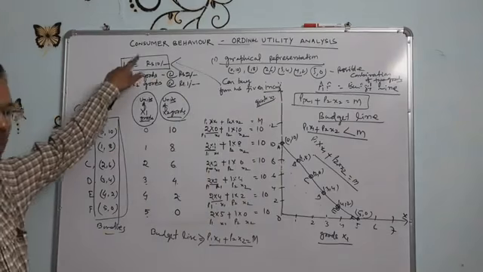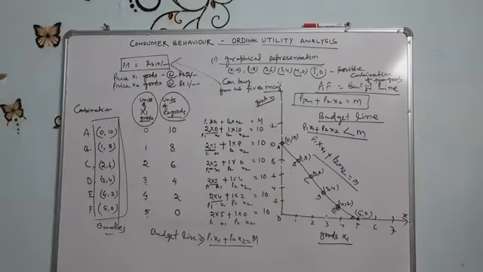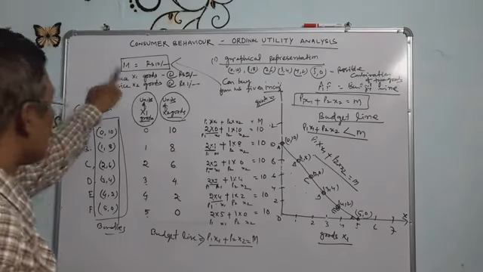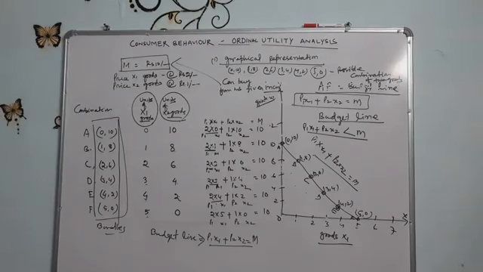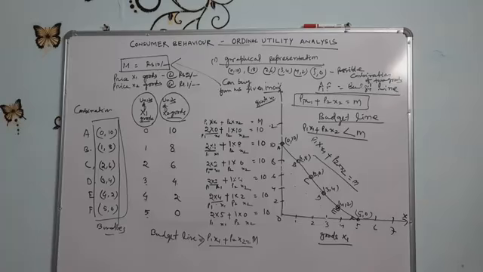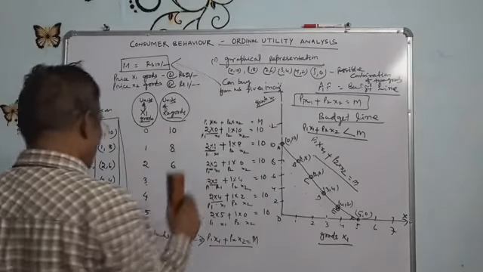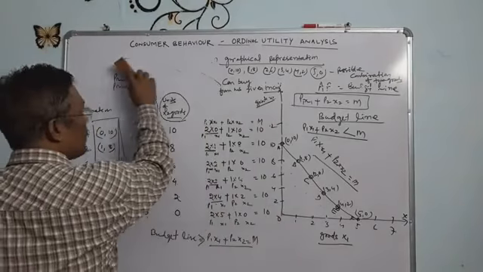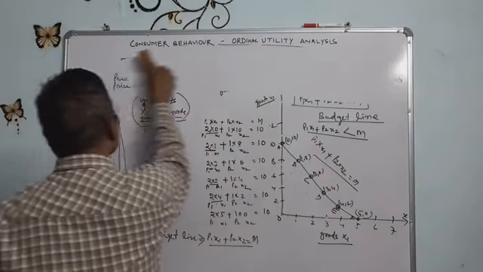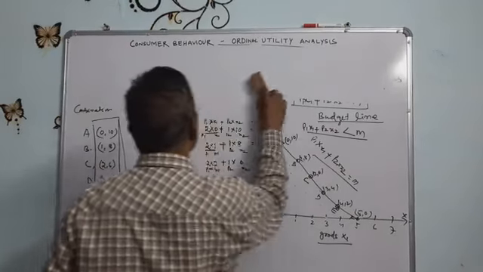The total income, as per my example, is 10 rupees, and this 10 rupees is spent on these two goods, goods x1 and goods x2, with that given income and price of the goods. Again I write this definition, the meaning of this budget line. What did I say?